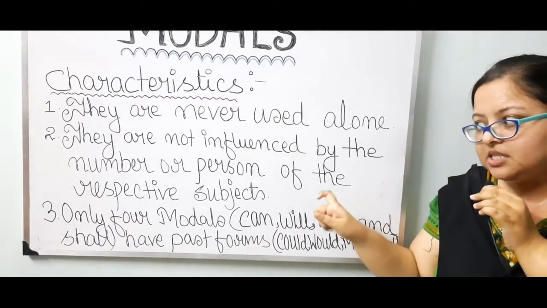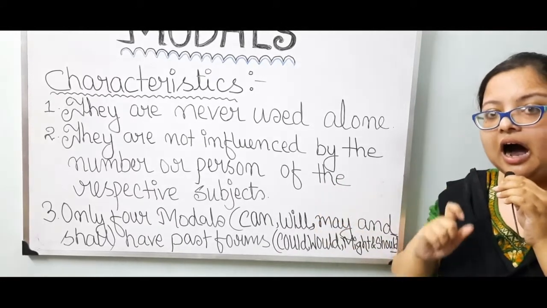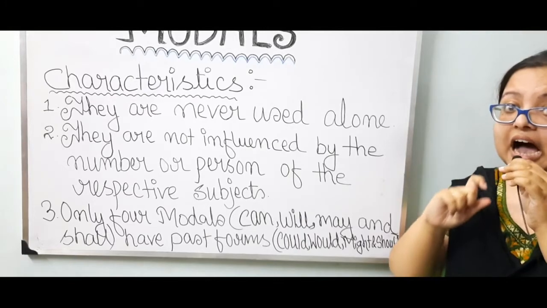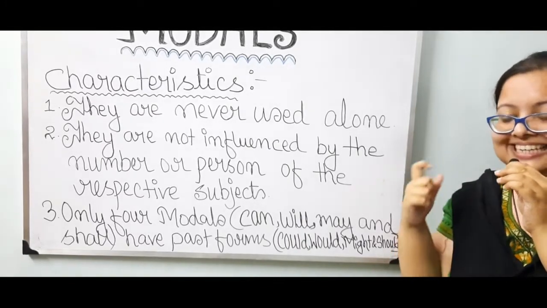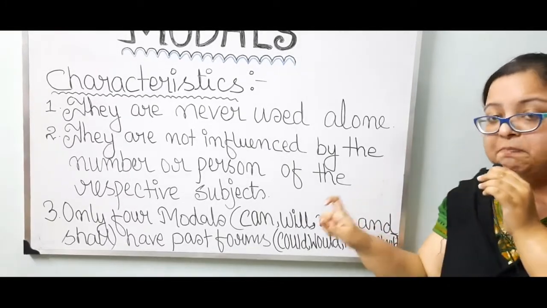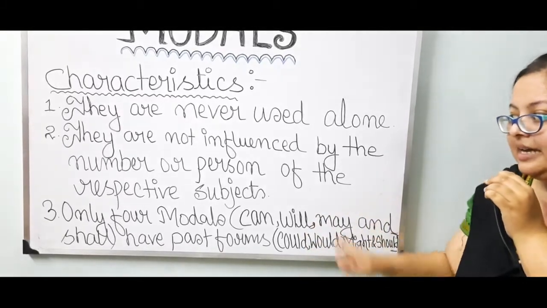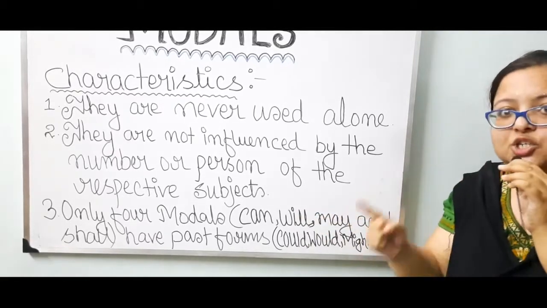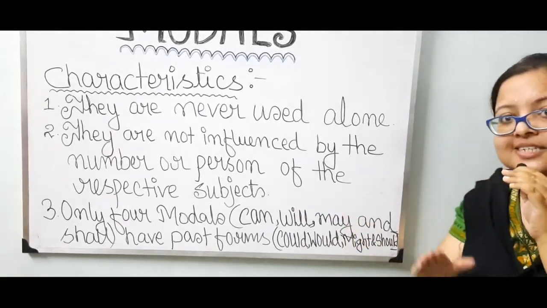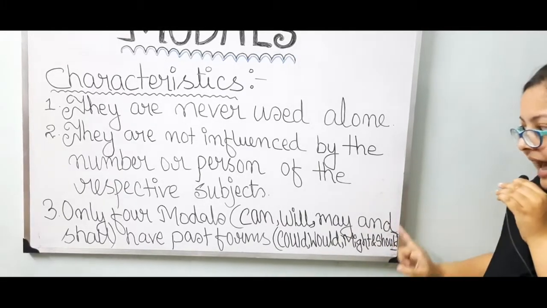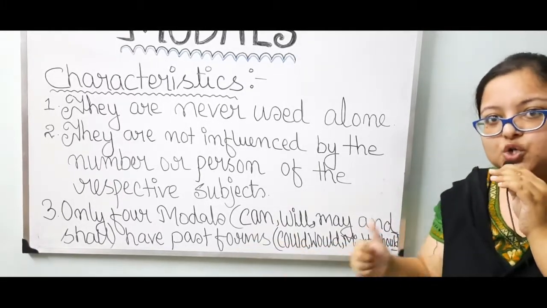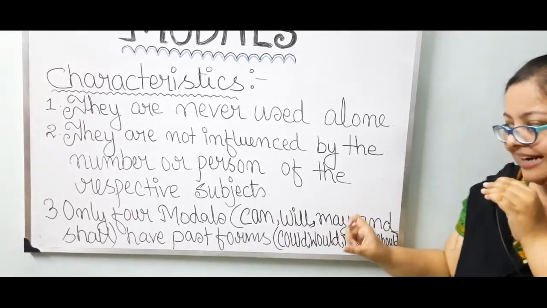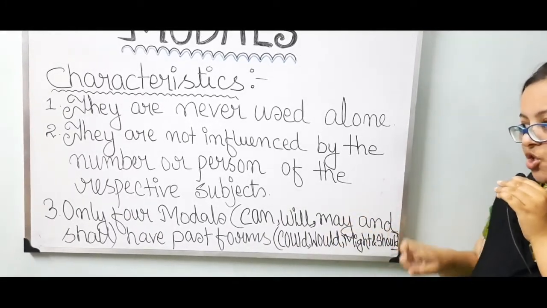So these 4 modals have only past forms, and when they are used in different sentences in past forms, can is changed to could, will is changed to would, may is changed to might, and shall is changed to should.